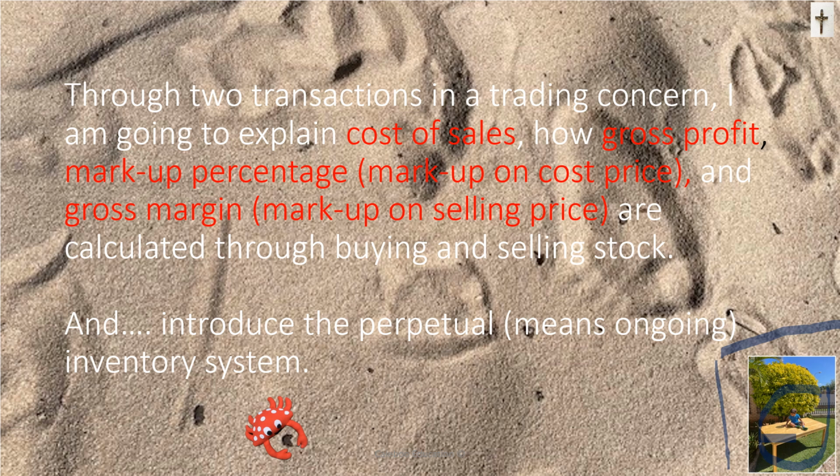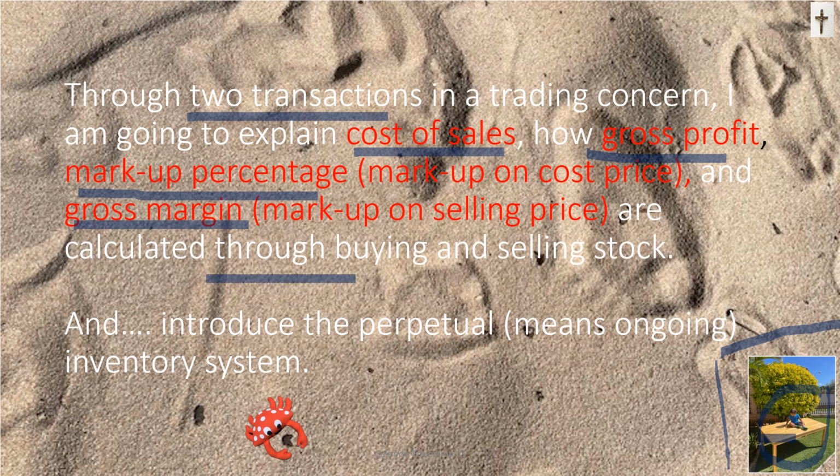So the two transactions I'm going to use to explain cost of sales, how to calculate gross profit, markup percentage, and gross margin are the buying and selling of this table that Caleb has bought.